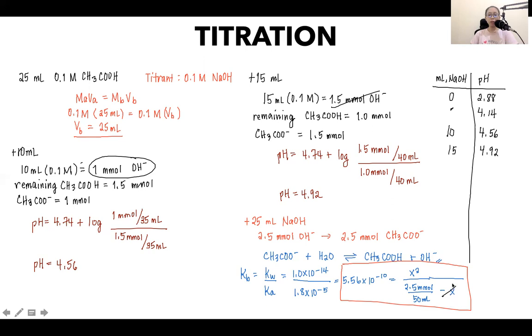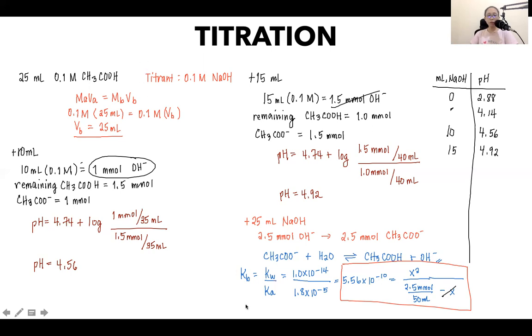The value that you will get is still very close to this 2.5 divided by 50. So we can disregard this, and what you are left with is x squared equals, if you cross multiply this, so you just get the square root. You don't have to solve for a quadratic equation.